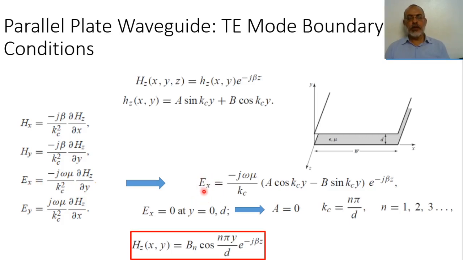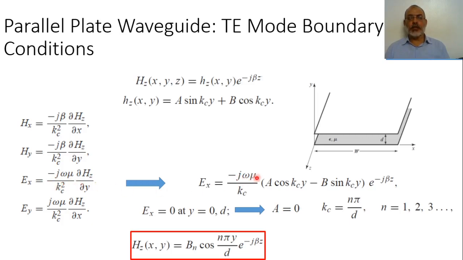So Ex in this case would be minus j omega mu over kc squared, partial Hz by partial y, and already we said that Hz is A sine kc y plus B cosine kc y. By differentiating Hz with respect to y, we have a kc outside, and this kc would be cancelled with the square.